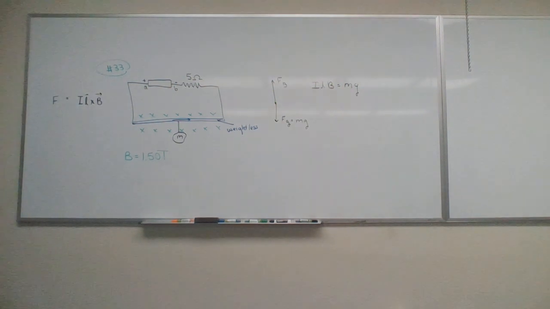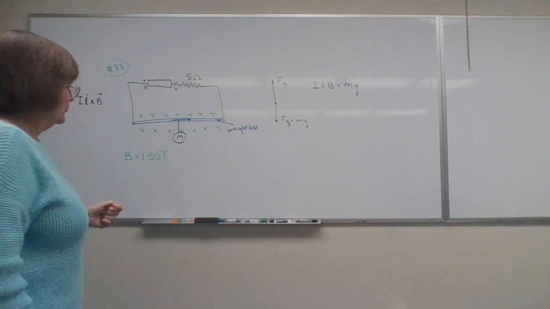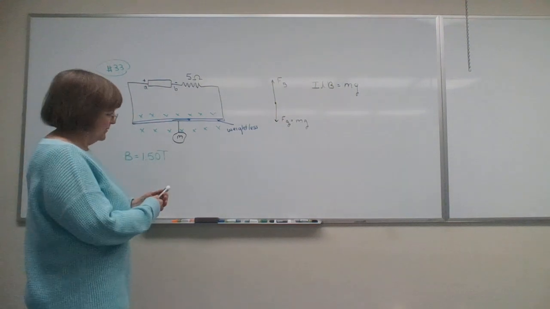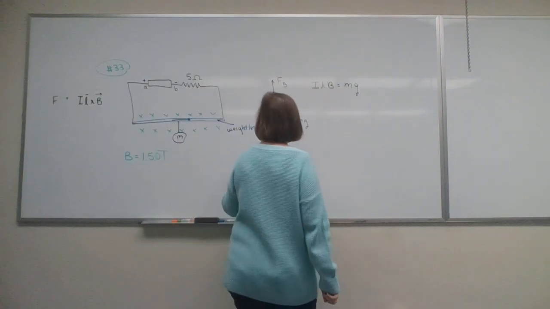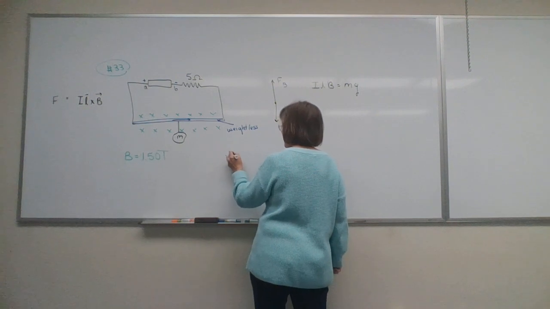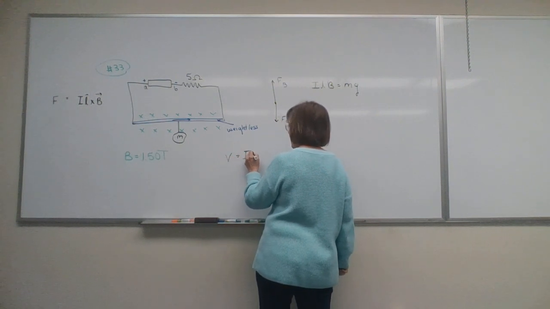One's magnetic, one's gravitational. If the maximum terminal voltage of the battery is 175 volts, what is the greatest mass that this instrument can measure? So when I turn up the voltage, the greatest voltage I can get is 175. Well, V equals IR.